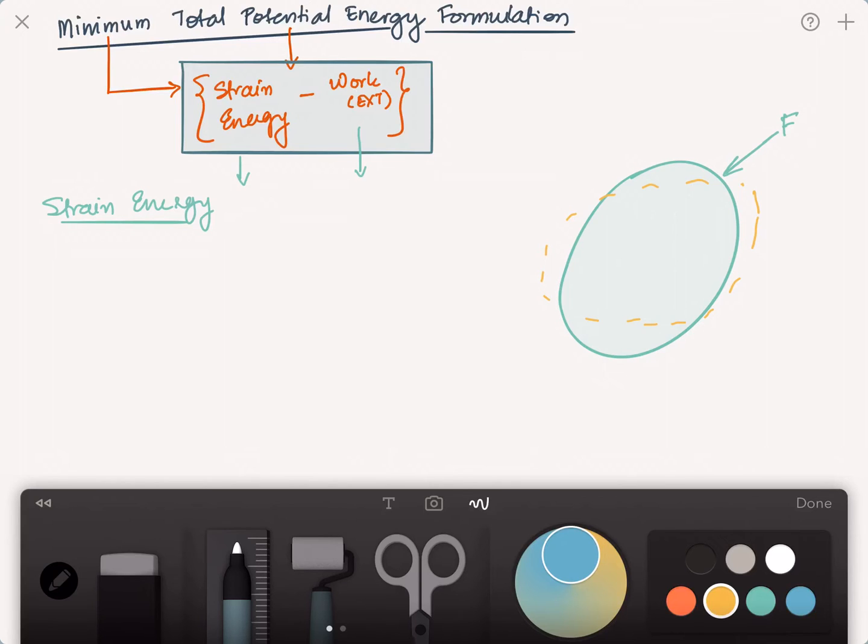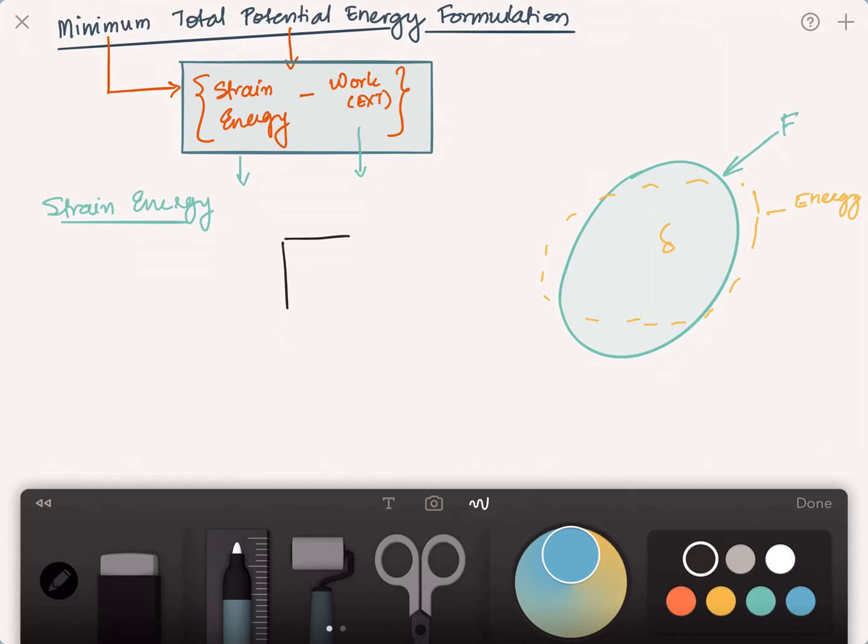Now, when this deformation happens, it's going to cause some amount of energy. And the energy that is generated due to this deformation of the system because of an external load acting on it is stored inside the system in the form of an elastic energy, which is called the strain energy of the system.